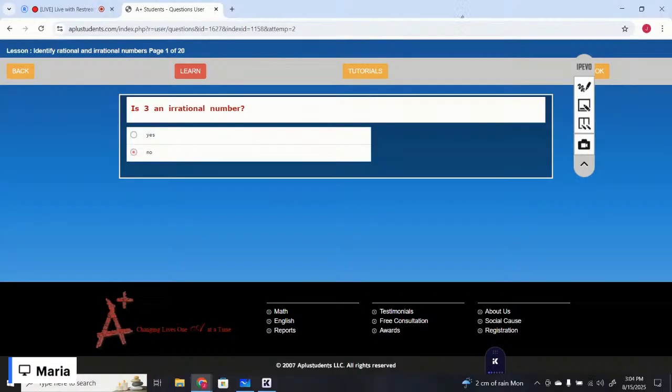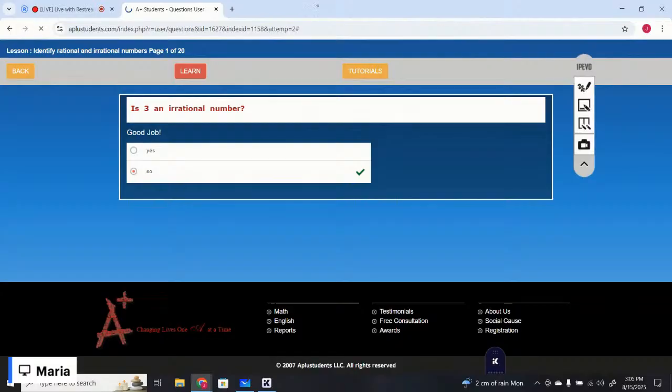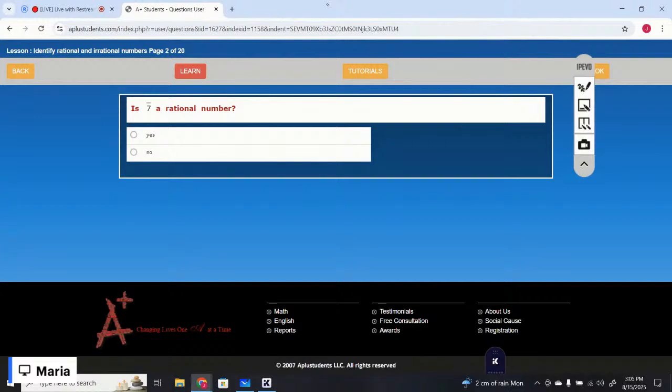The correct option is no. Option number 2 is the correct option. Is 7 a rational number? Yes, it is a rational number. Option number 1 is the correct option.